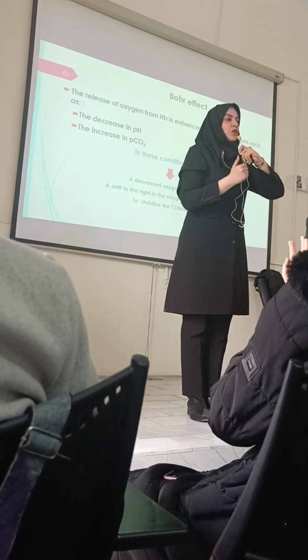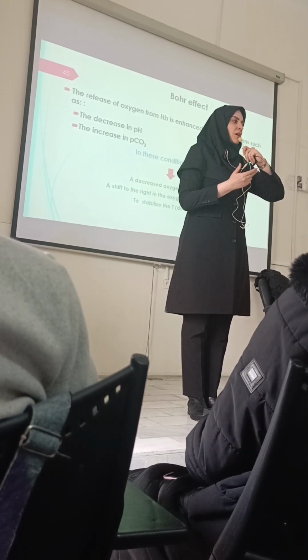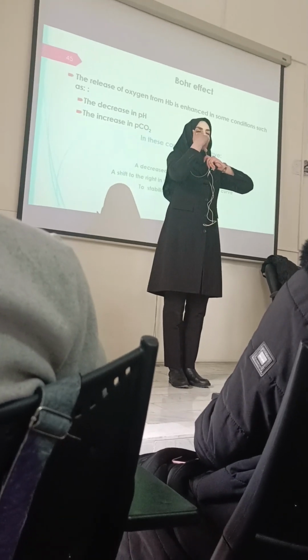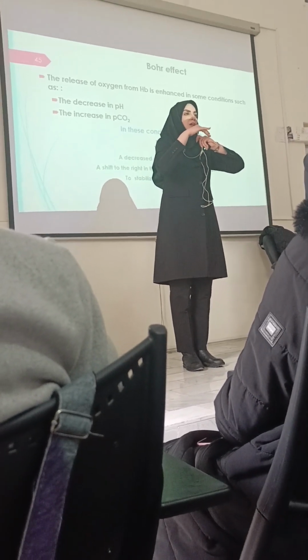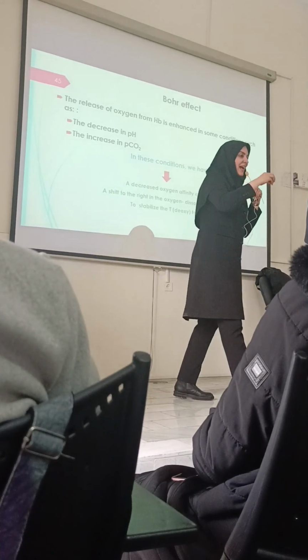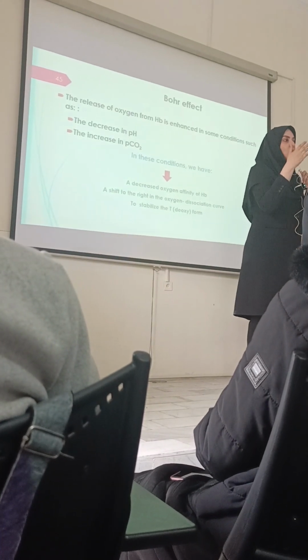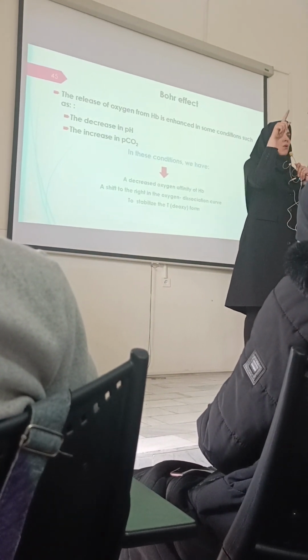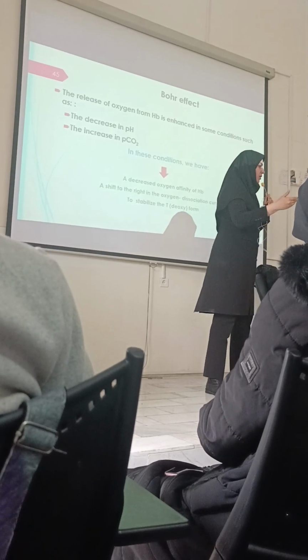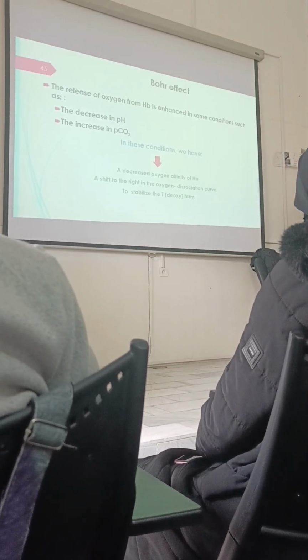What is the charge of a proton? Positive. So it can facilitate the formation of ionic bonds or salt bridges. And about CO2, please pay attention, CO2 can add to hemoglobin as COO minus. Because it provides more negative charge, it can facilitate the T form.